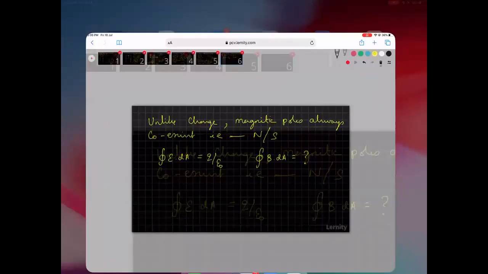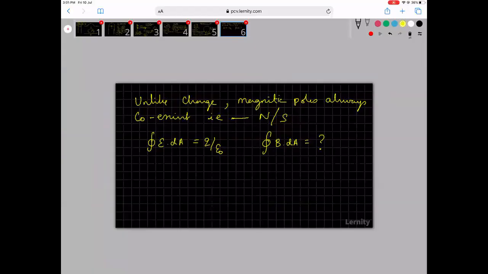Okay, so integral B dot dA. What will integral B dot dA give? Integral B dot dA will give you 0, reinforcing the fact that magnetic monopoles do not exist. Electric monopoles exist.